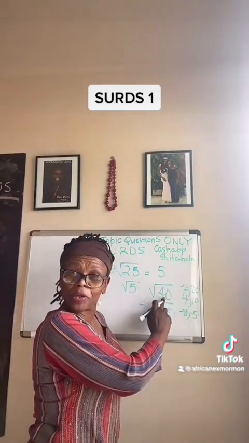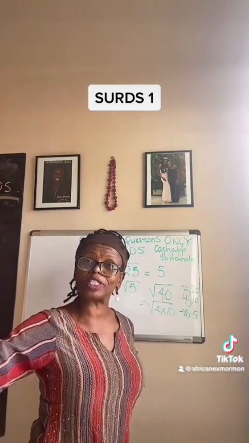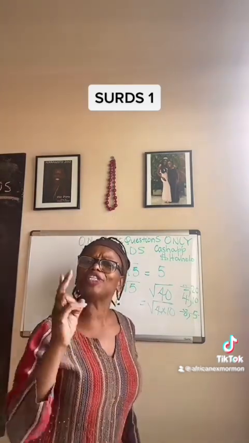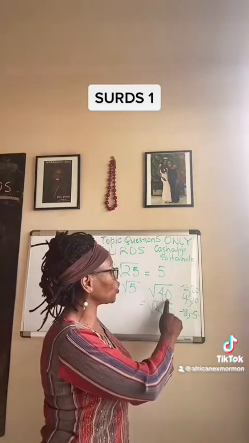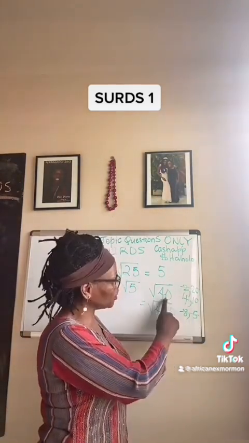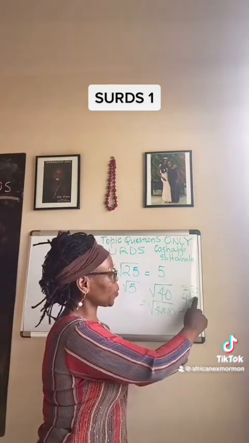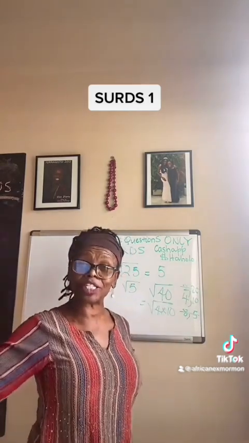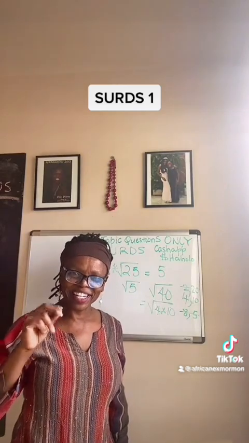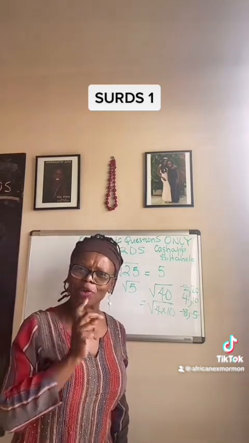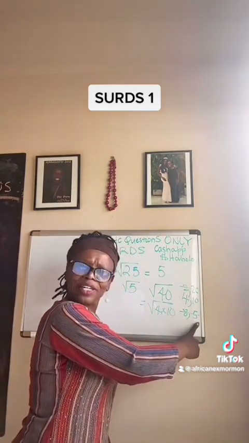To find the square root of 40, we need to look for two numbers which when multiplied give us 40. We said 8 times 5 is 40, 4 times 10 is 40, 2 times 20 is 40, 40 times 1 is 40. But which of those numbers can help us? Can we get the square root of 8 or 5?